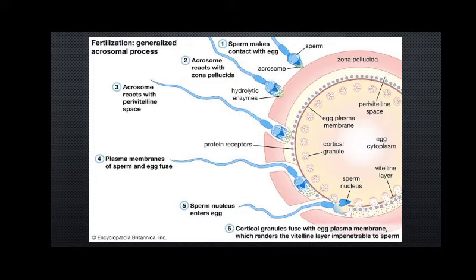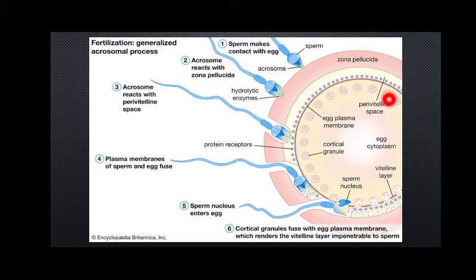The moment the sperm reaches this portion, the sperm head will make a little twisted turn at that point of contact. The plasma membrane of the sperm and the plasma membrane of the egg fuse together, and the moment they fuse, the sperm nucleus and the proximal centriole will be released from it and get inside the main egg cell.